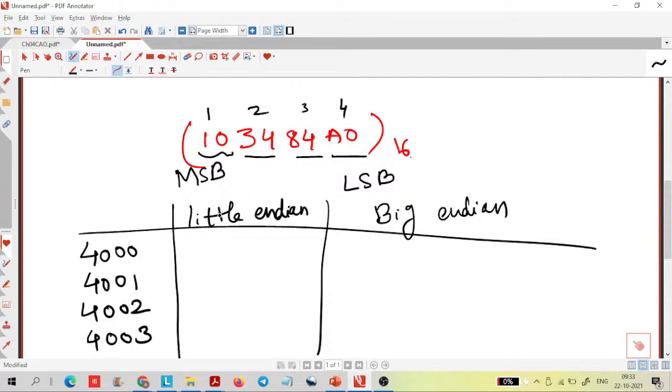Little endian means the least significant byte. Which one? A0. That is A0. Good. Then after that? 84. Okay.